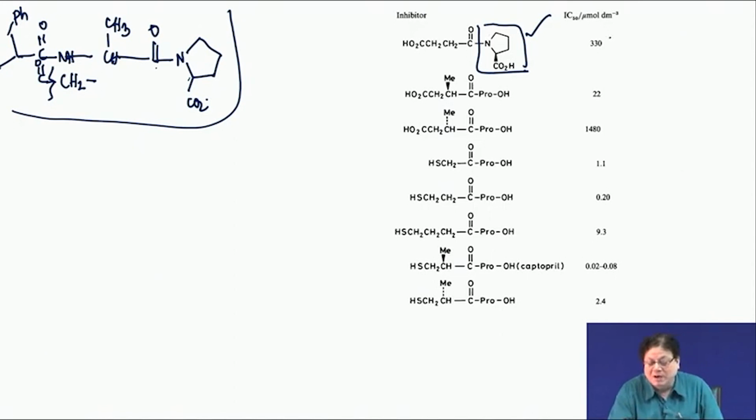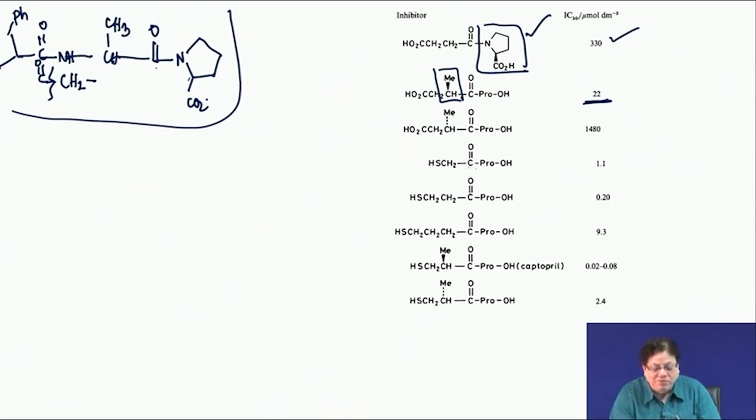They saw that the IC50 value is very bad, 330. Then they started putting the methyl. Once they put the methyl here, it becomes 22. That means methyl is very important, and the stereochemistry is also very important. If the methyl is alpha, it has to be L-alanine.